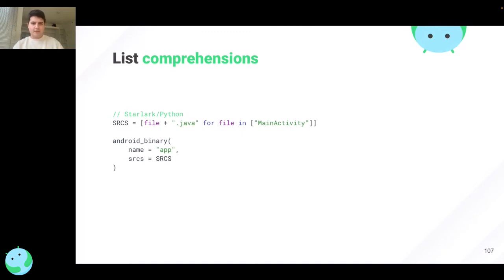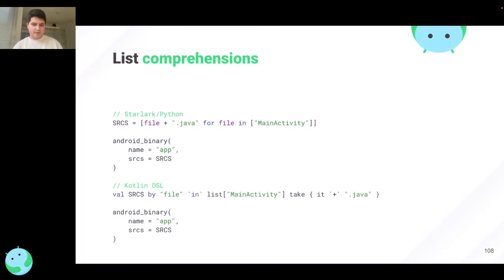For each file in the list, we have a list of strings, right? Main activity, for example. For each string in this list, we will modify the string, for example, and add a .java extension so that we make sure that it's actually a file. And then we're just passing this value to the Android binary.